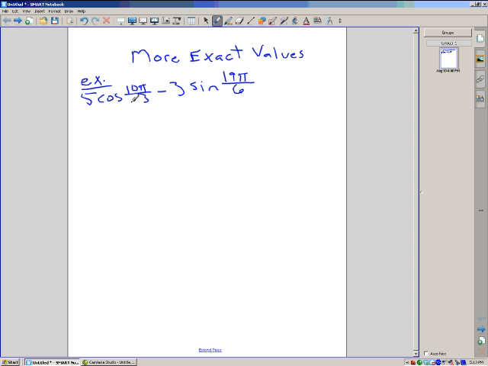So the first thing I'm going to do is figure out the fraction for the cosine of 10 pi over 3. So let's just jump straight into that. We have to figure out where 10 pi over 3 is. You could do some conversions, but I want to think about this in terms of fractions. I'm going to call this 0, and I'm going to call this not 1 pi, but 3 pi over 3.